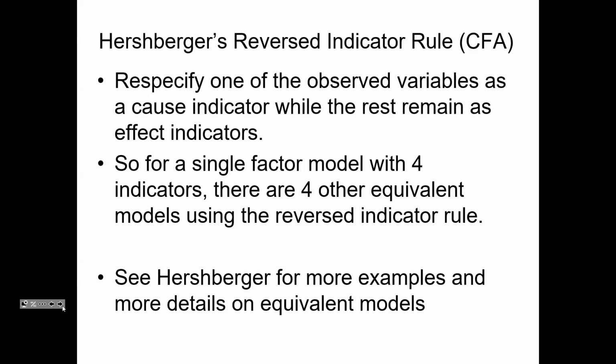That's my simple CFA. I can take any one of these four variables and make it a predictor of the factor. I can say E1 predicts the factor, which then goes to the other three.